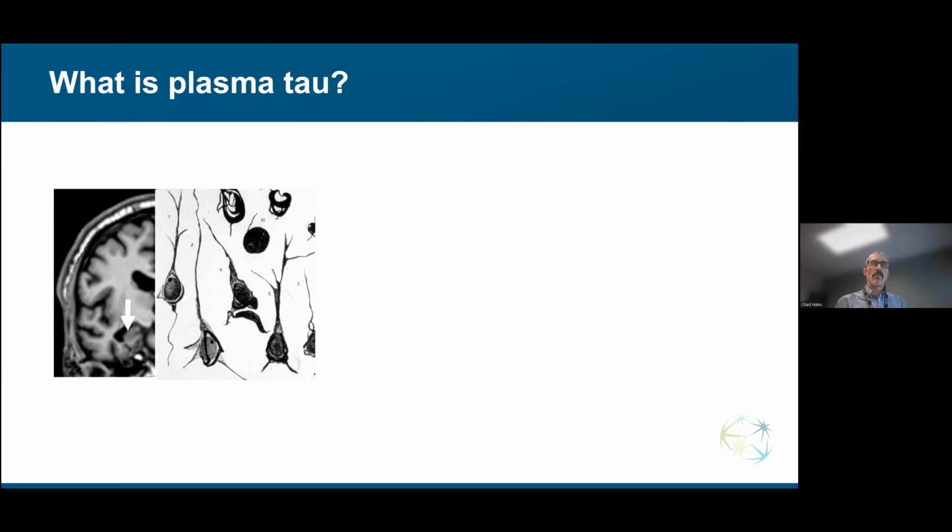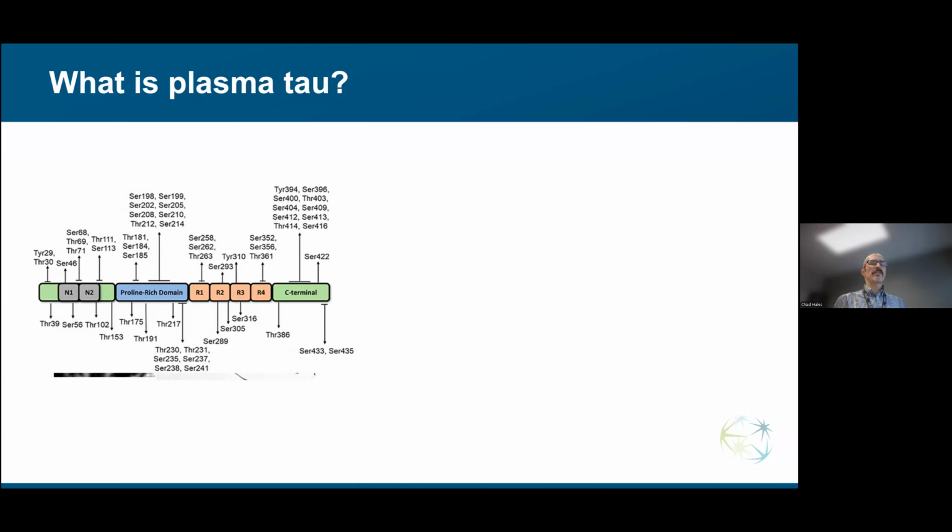And just to take you way back, what does phospho-tau or plasma tau actually mean? You have to look at the structure of tau, the protein, and you may recall that tau has lots of different domains and lots of different places where you can drop a phosphate group.